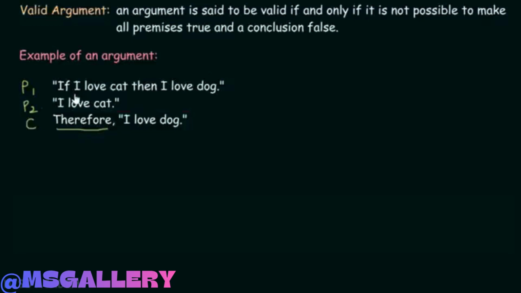Now let's say I love cat is represented by P and I love dog is represented by Q. Now this statement is of the form P implies Q, right? This is simply P and here this is Q. So we can write this argument as P implies Q, then P, therefore Q, okay?